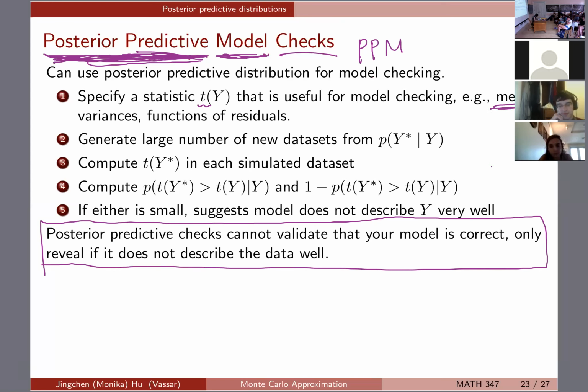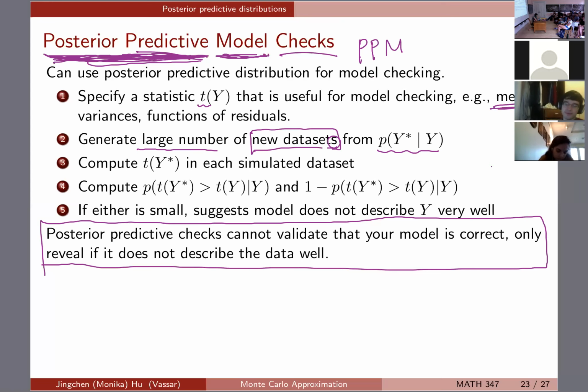The second step is you generate a large number of new data sets from the posterior predictive distribution, which we talked about previously. Notice that you are generating a large number of new data sets, it's not just new data anymore.